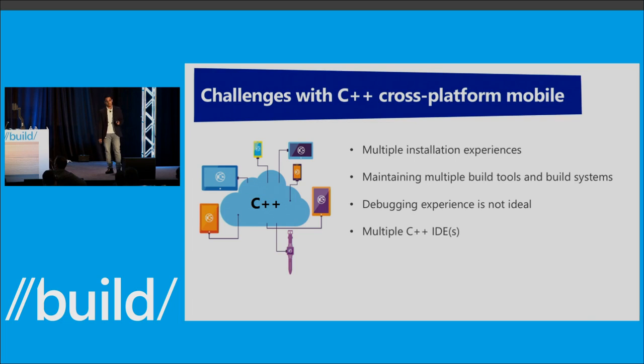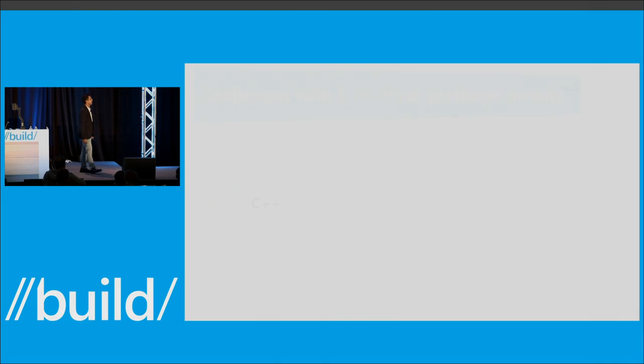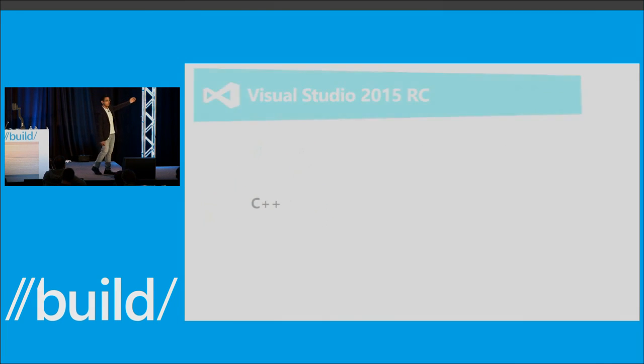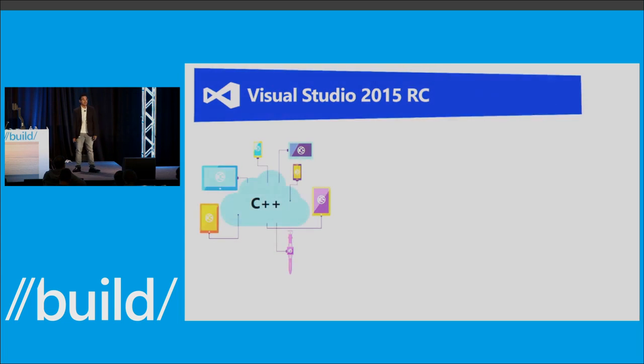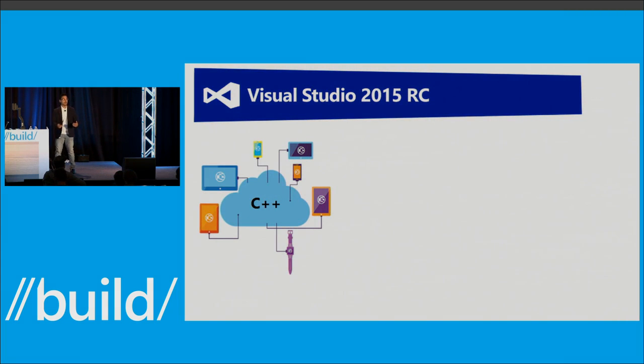So with that said, starting with Visual Studio 2015 RC, we want to share some new news with you. This is a really exciting time for us on the Visual Studio team. I worked on this animation last night. Starting with Visual Studio 2015 RC, you will start seeing the experience that we're trying to provide for cross-platform C++ developers such as yourselves. Using this experience, you'll be able to easily install all your cross-platform needs.